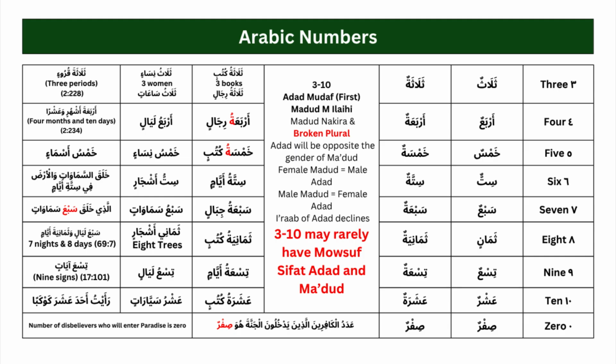Now let us look at the number list first. The slide gives the masculine and feminine forms from 3 to 10. 3, thalathatun or thalathun. 4, arba'atun or arba'un. 5, khamsatun or khamsun. 6, sittatun or sittun. 7, sab'atun or sab'un. 8, thamaniyatun or thamanin. 9, tis'atun or tis'un. 10, asharatun or ashrun.